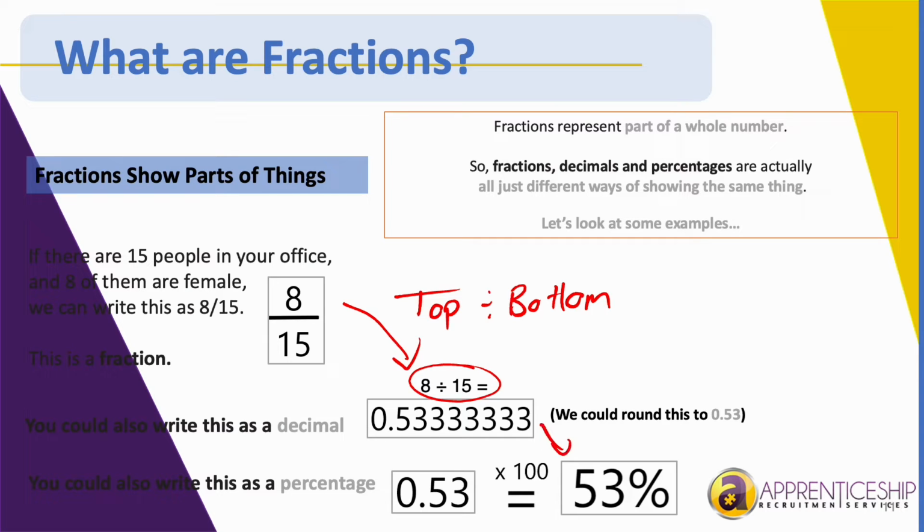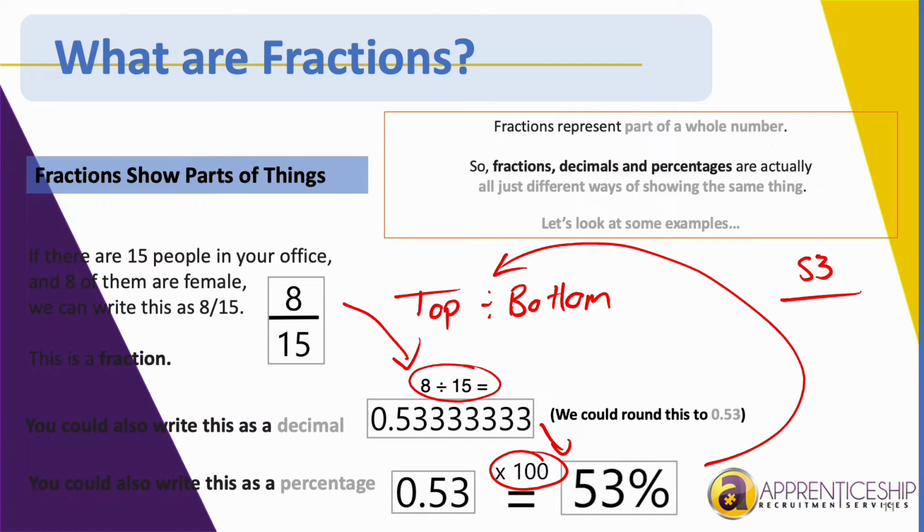And to get from here to here, we multiply by 100. Then to get it back to where we started, we do 53 over 100 and simplify it down. In this instance we may not get back to 8 over 15 because we've had to round, because this would be an infinite number.